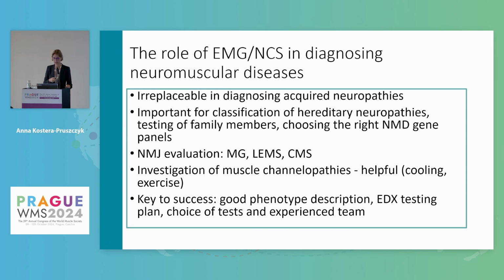Some additional tests with cooling or exercise might aid diagnosis of some patients with muscle channelopathies. And as always in neuromuscular diseases, it starts with good phenotype description, good electrodiagnostic testing plan, and the experienced team that does the diagnostic workup.